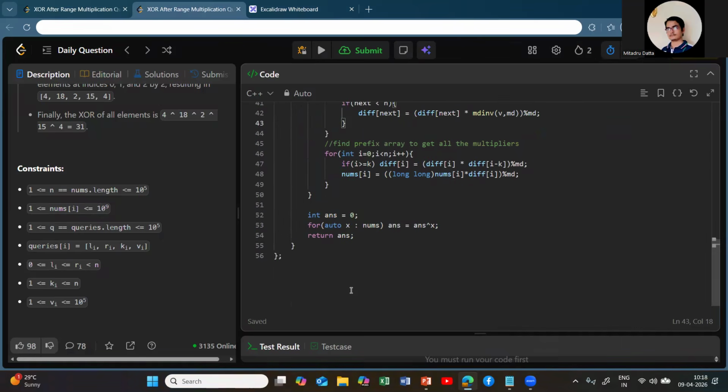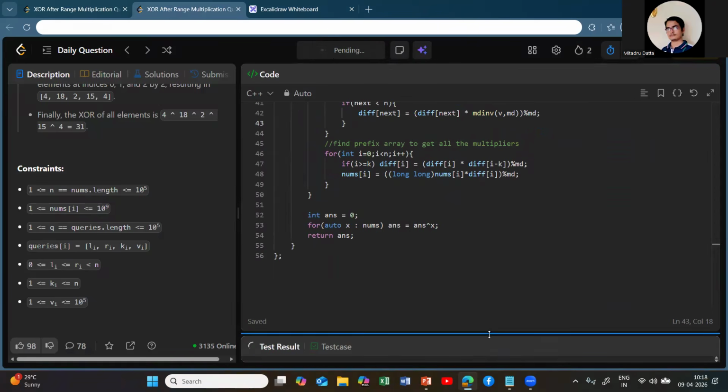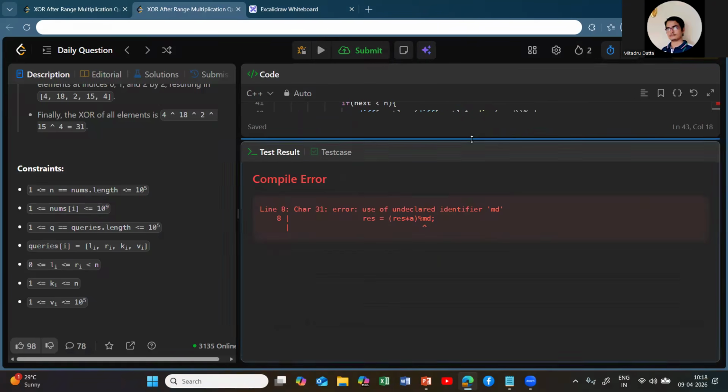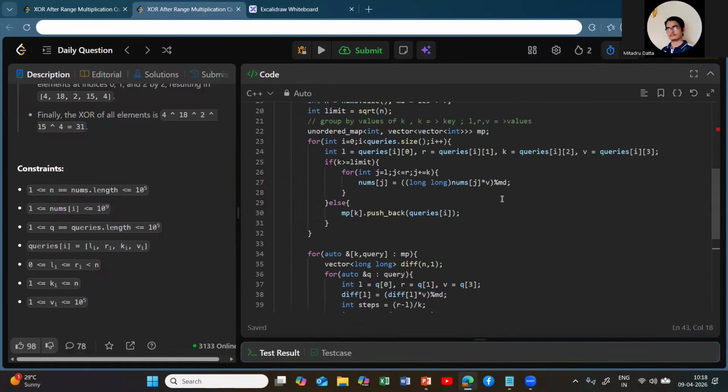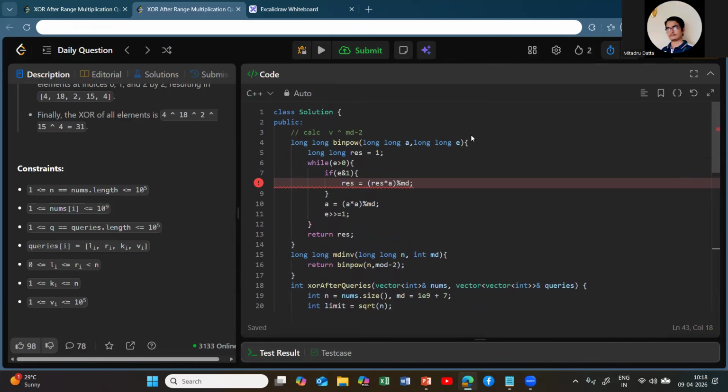I hope the solution was already very clear to you. Let's try to submit this and see if we need to do any debugging. So, binary exponentiation of mod.